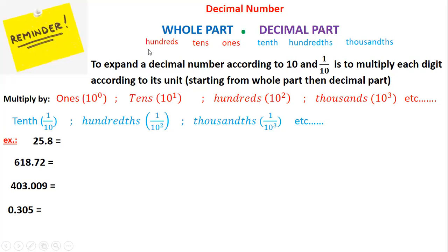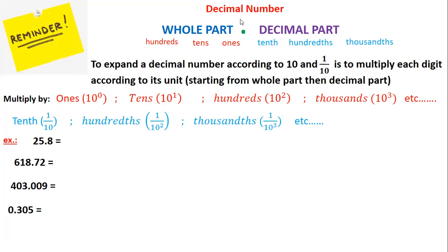So please, what I have written here about a decimal number, you should know and memorize. A decimal number has a point, a whole part to the left, a decimal part to the right. Always when I start expanding, I will start with the whole part first. Keep this in mind. We start with the whole part from near the point.